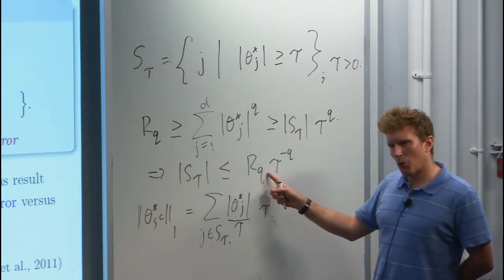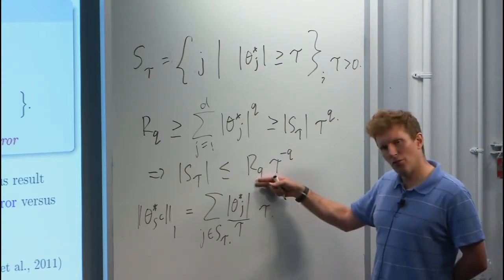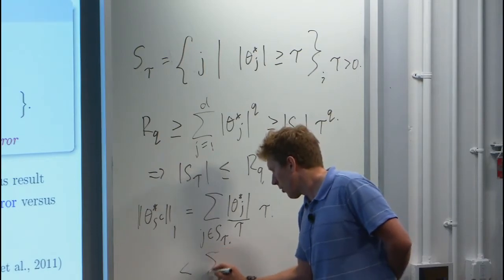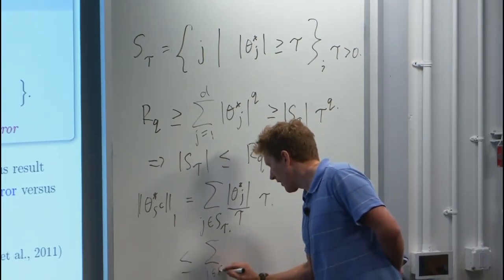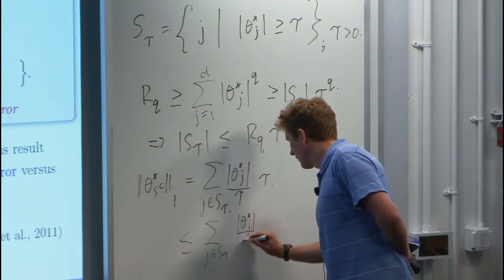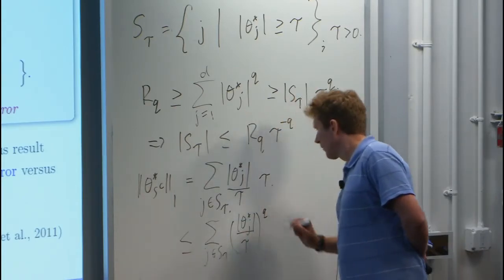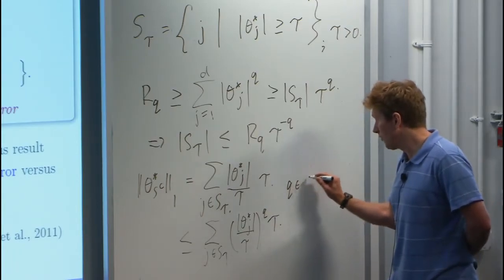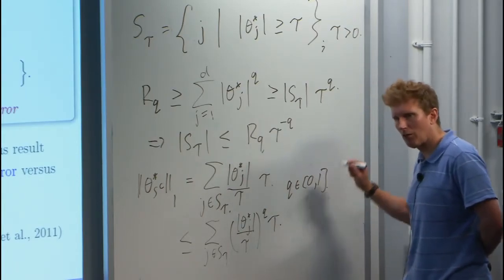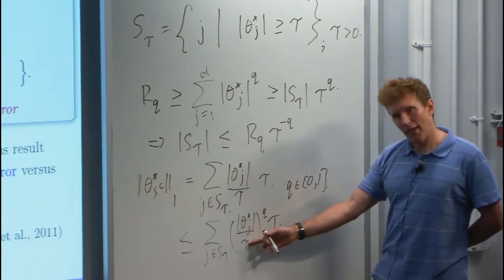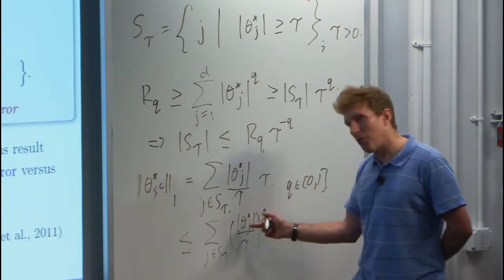Q is between 0 and 1. So if I raise this to the qth power, it only increases it. So this is at most the sum over j not in s tau of theta star j over tau to the qth power, times tau. That's using the fact that q is in 0, 1. It wouldn't be valid for q larger than 1. And now I can take out a tau to the q, and I can upper bound this by r of q.